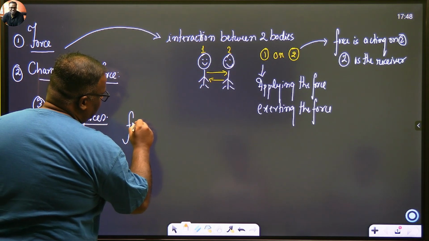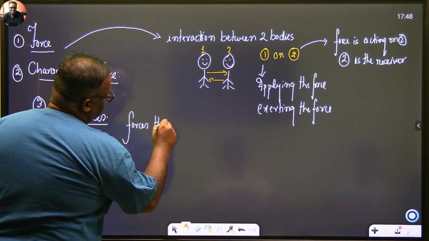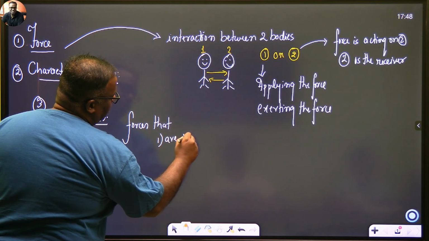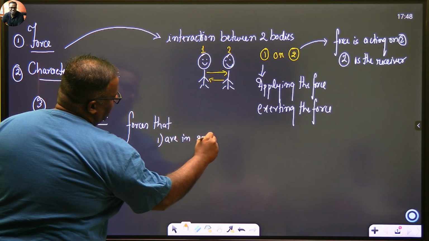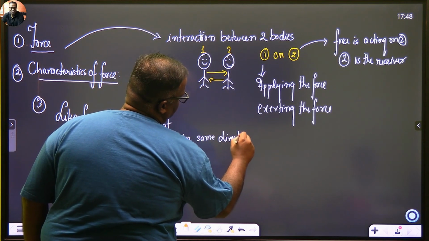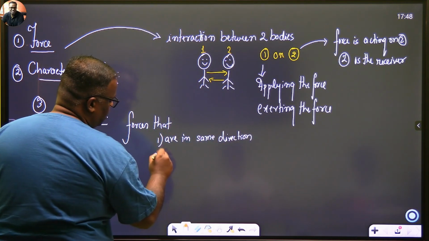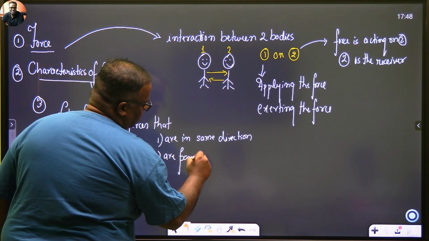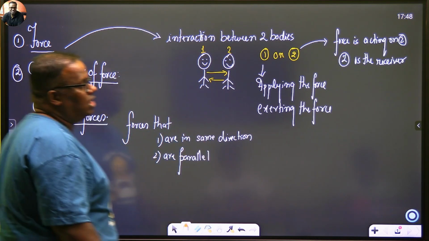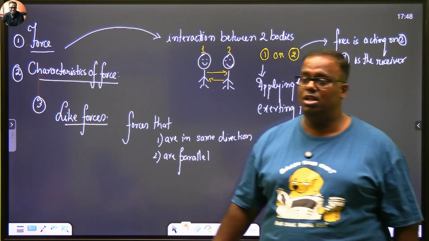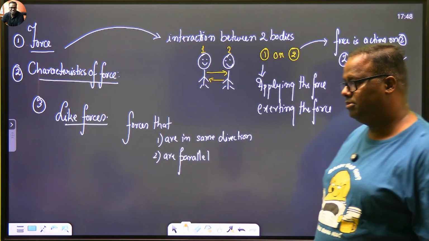Like forces are, first let us understand, forces that, number one, are in the same direction, and number two, that are parallel. First of all, they should be in the same direction and they should be parallel. Are you understanding?